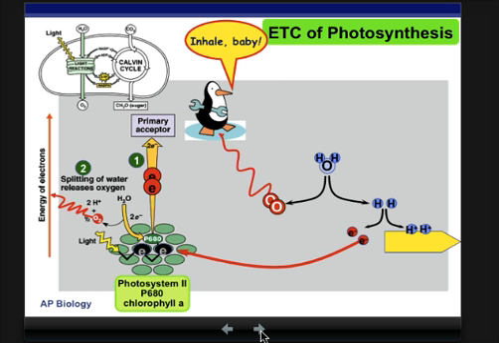I'm going to go through this whole thing over again because it's super confusing, right? So light comes in, hits an antenna in one of those pigment antennas. Energy gets transferred around, hits the chlorophyll A. Chlorophyll gets super excited, gives off an electron.